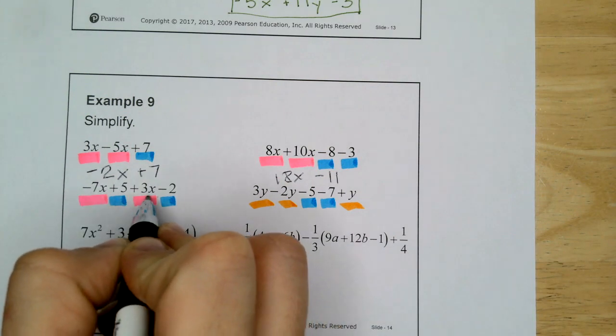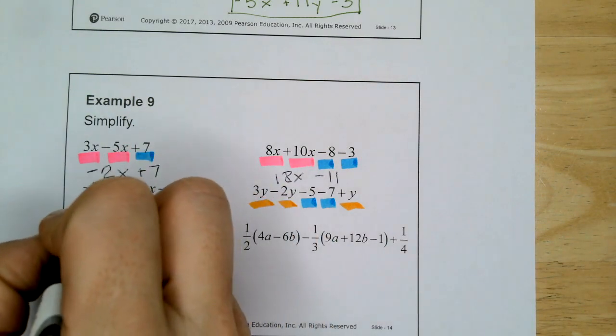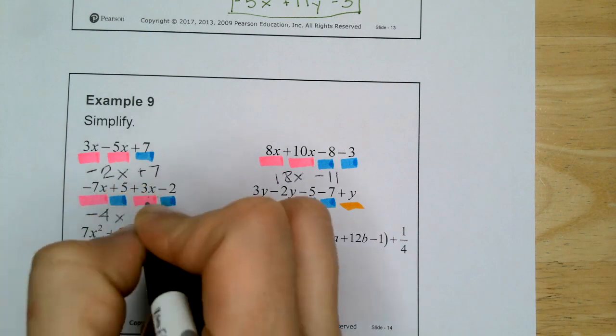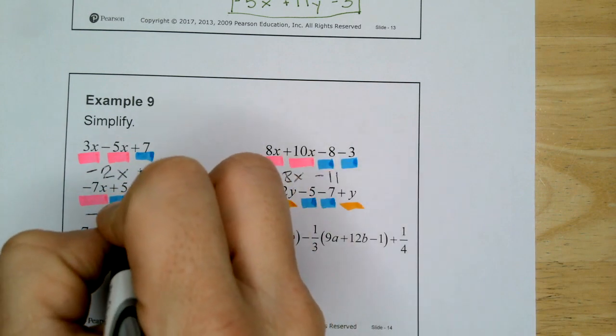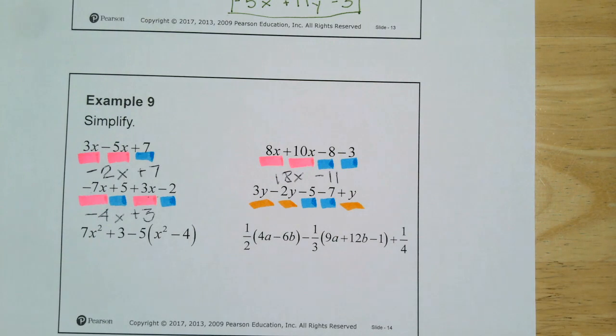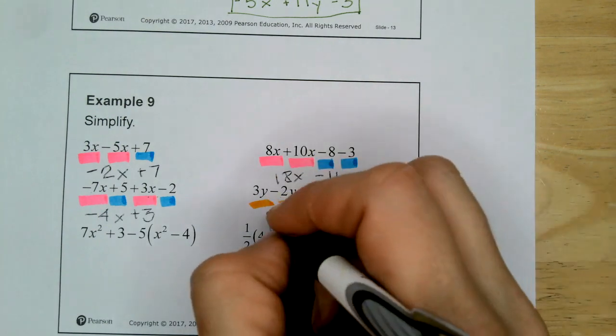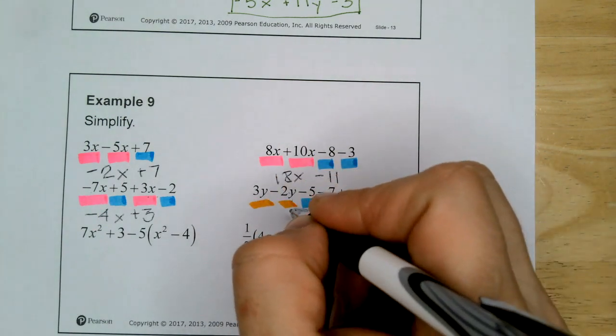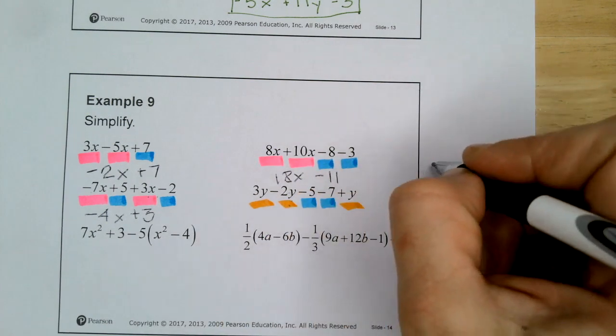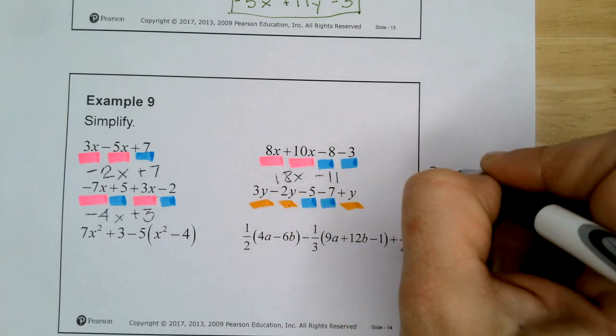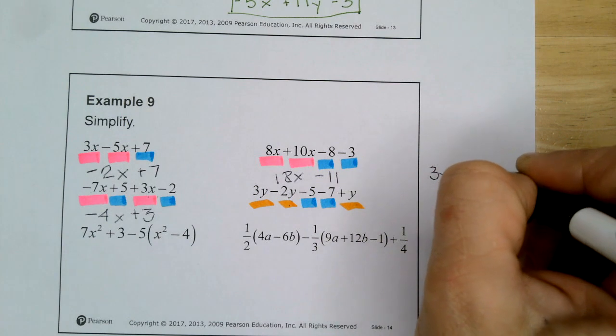-7x plus 3x. -7 plus 3 is a -4x. 5 minus 2 is 3. Good. 3y minus 2y just leaves me with y plus y. So let's look at that. 3y minus 2y's plus y.